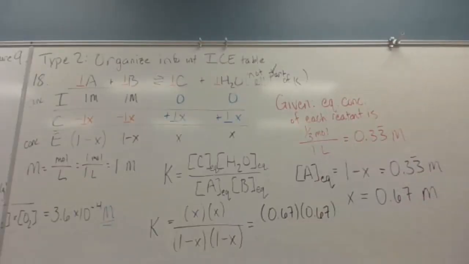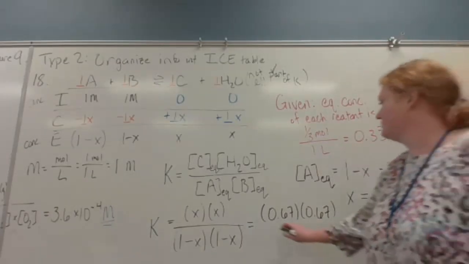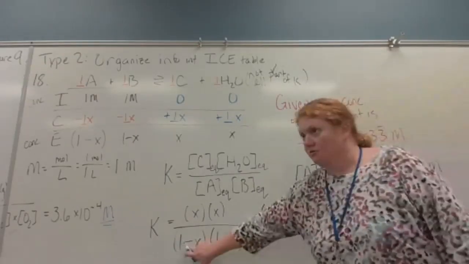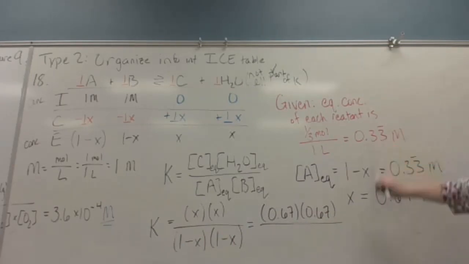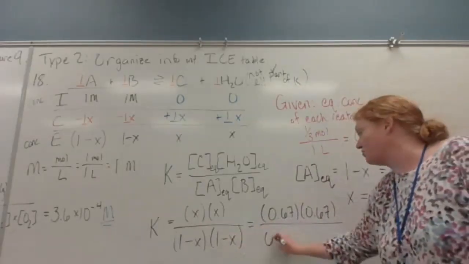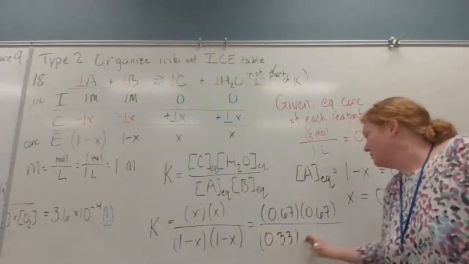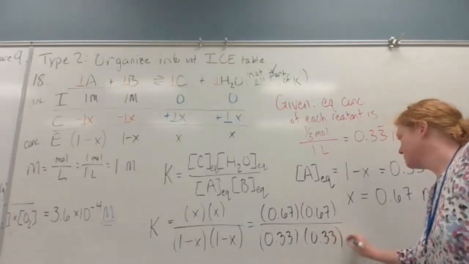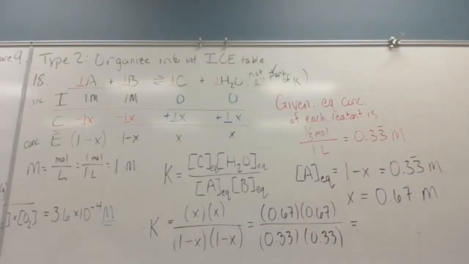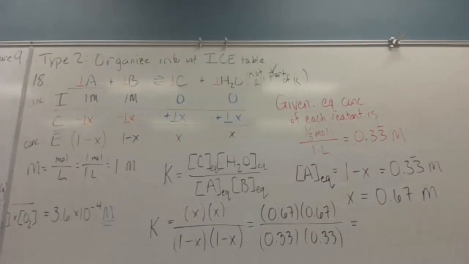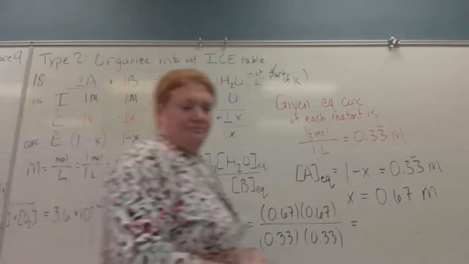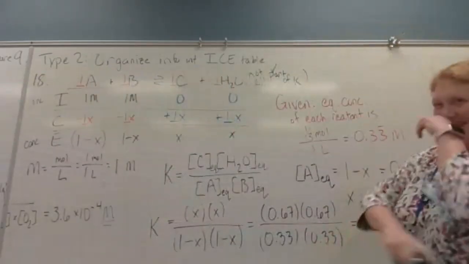Can you think of that as 0.67 squared? Yeah, that's what it is. What is each one of these? 0.33, right? Each one of those reactants is 0.33. What is K? Oh no!